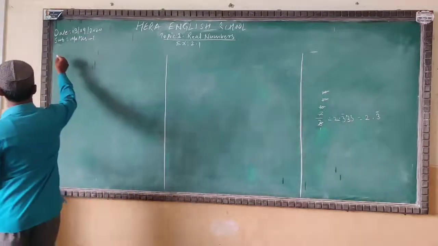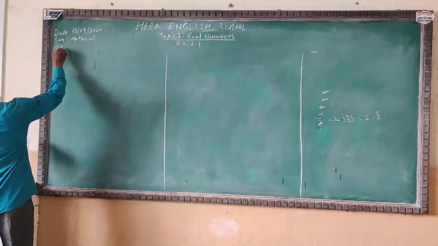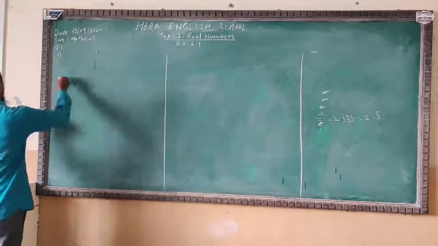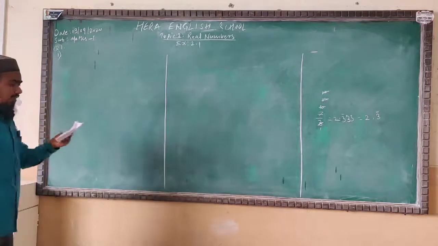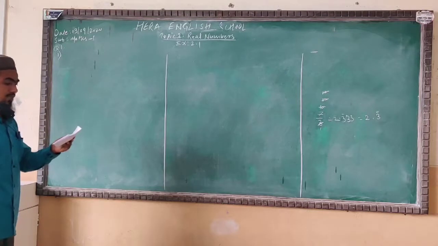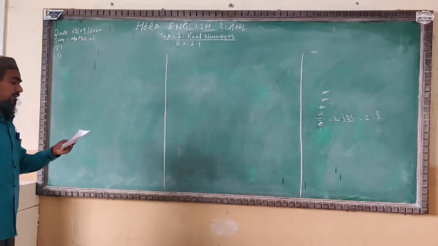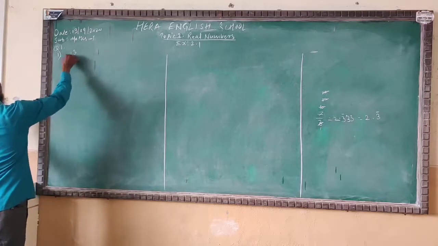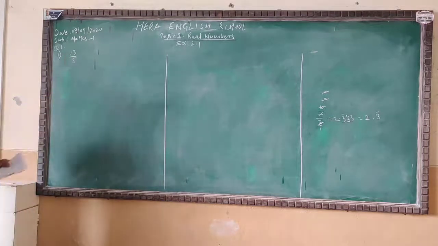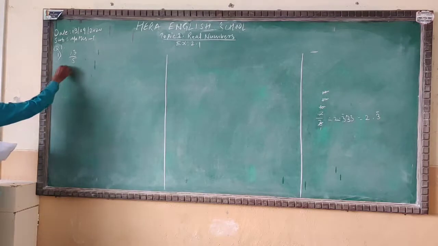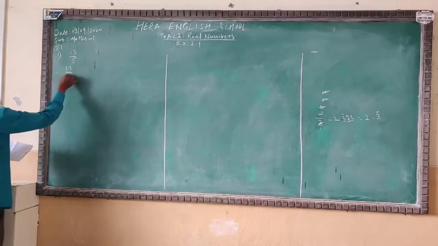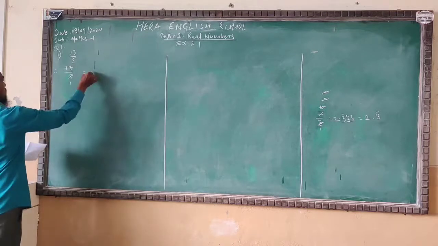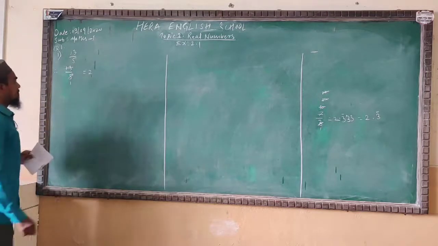In the first question, classify the decimal form of the given rational numbers into terminating and non-terminating recurring type. The first question, 30 divided by 5. So we will divide this one, 30 upon 5. 5 1 is 5, 5 2 is 10.